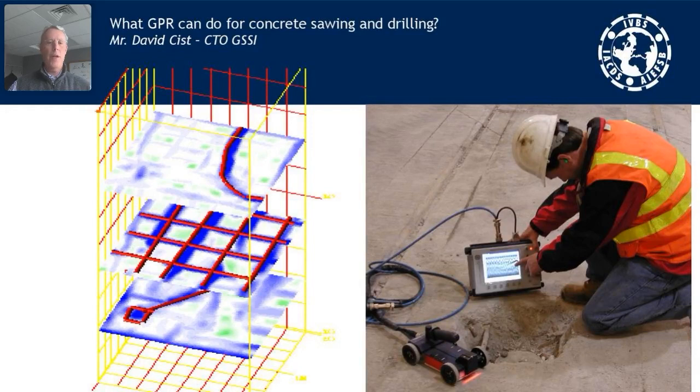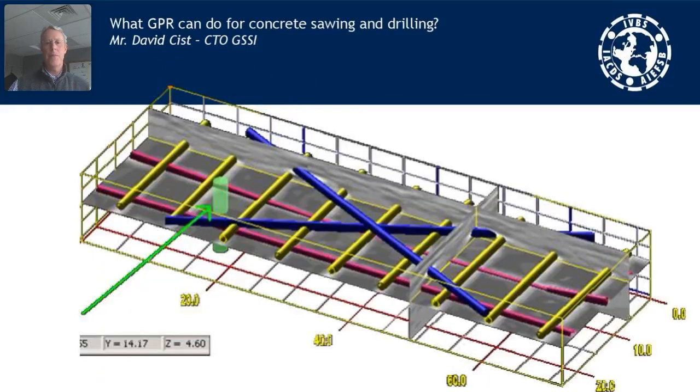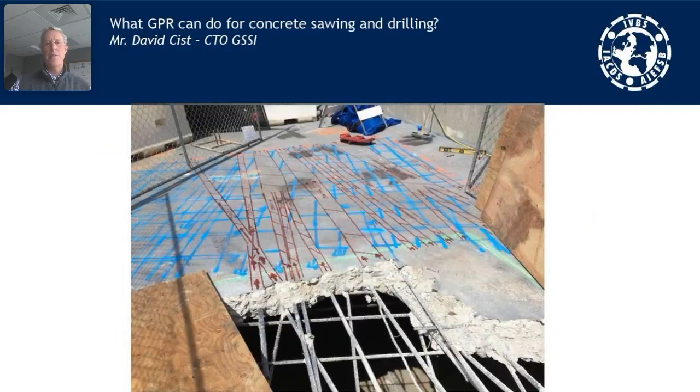And radar gets used all the time, all around the world for these purposes. You can see pictures that can be very beautiful and complicated, 3D pictures. And the 3D pictures help you plan your hole. For example, here's this green cylinder, and you can, on a computer, plan exactly where to drill, or you can map it out on the floor like this.